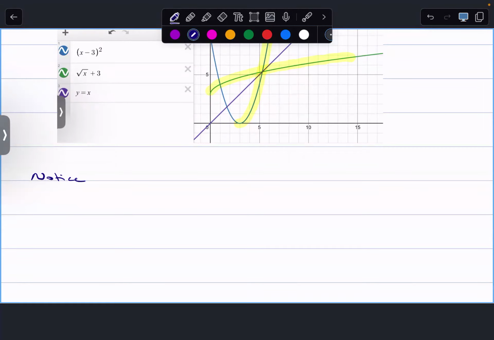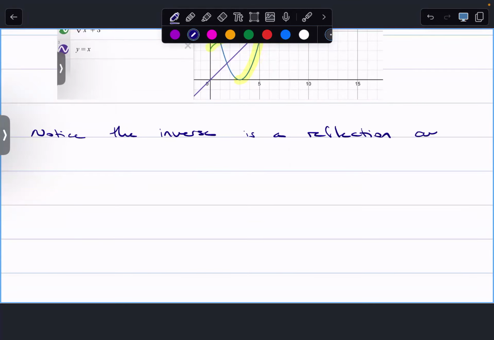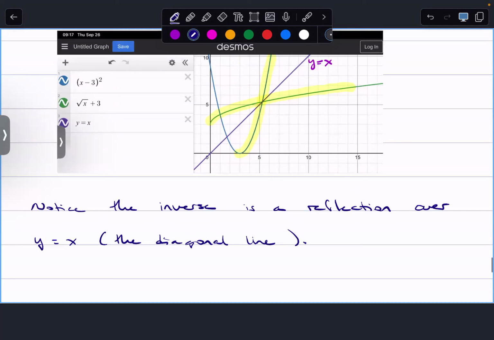So notice, the inverse is a reflection over y equals x, which is the diagonal line. So it's just a property of the inverse, a graphing property.